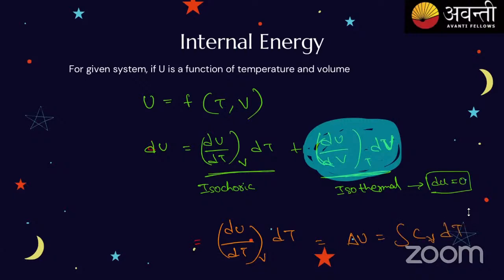Now note this point: internal energy is stored in molecular motion. If molecular motion is not changing, internal energy is not changing. We saw in isothermal processes that the molecular motion did not change, so the change in internal energy was 0.